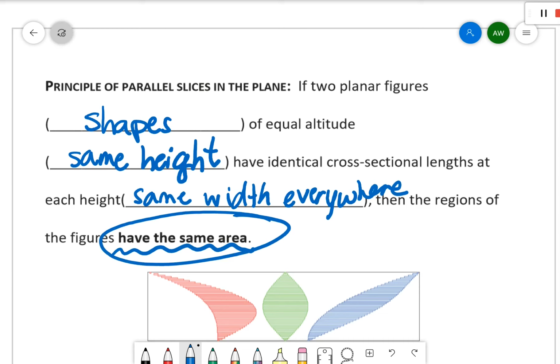So essentially what I'm saying is, if I have shapes that at each height have the same width, then those figures have the same area.